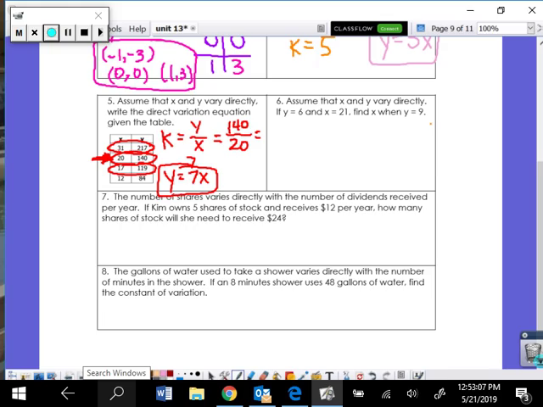The last three, or well, no, 6 and 7 are two examples where we're finding a missing value. So we're going to use our notes and look at that last row for the missing value setup equations. So for number 6, assume that x and y vary directly. If y is 6 and x is 21, find x when y is 9. So this is direct variation, so we want to set up a proportion. y divided by x equals y divided by x.